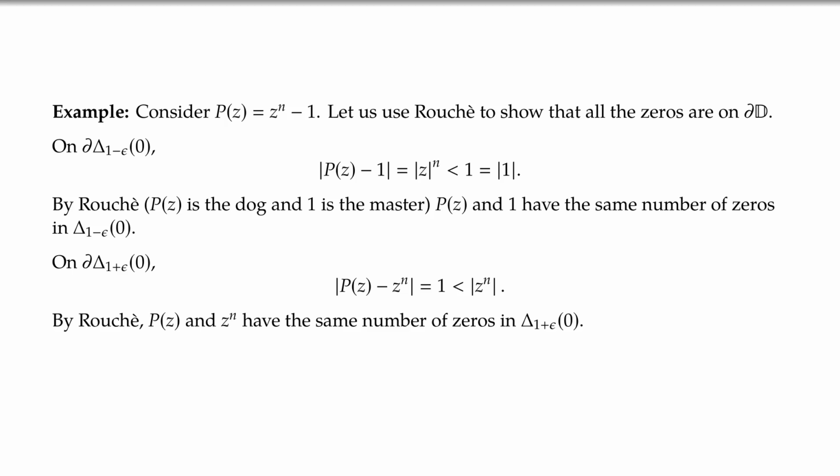So now we have something slightly different. We have that z to the n and p have the same number of zeros in a disk of radius 1 plus epsilon. Both of these statements were true for an arbitrary epsilon, and therefore all the zeros, we know that there are n zeros, they have to be on the circle, right?